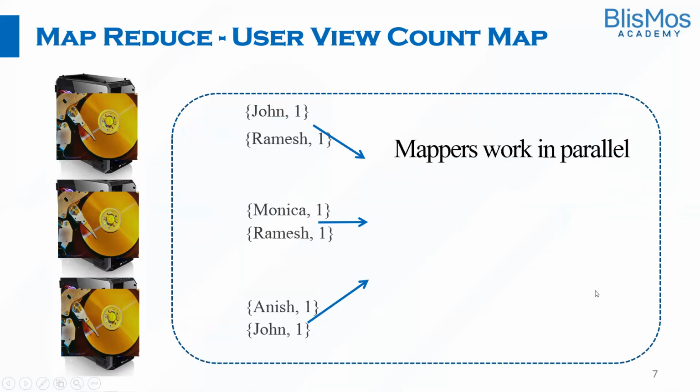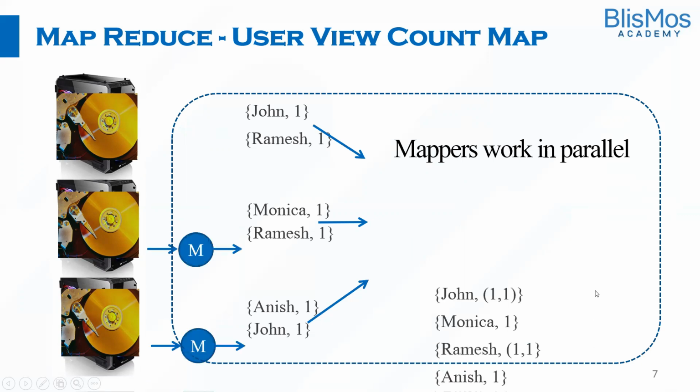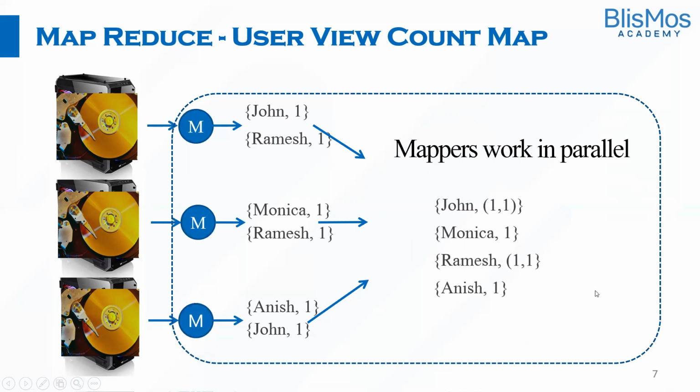If you really see what is happening here, the mappers are working in parallel because the data is distributed across these three systems, and each mapper is trying to create the key value pair from the user view count table. So all the mappers are working in parallel and they produce the results.